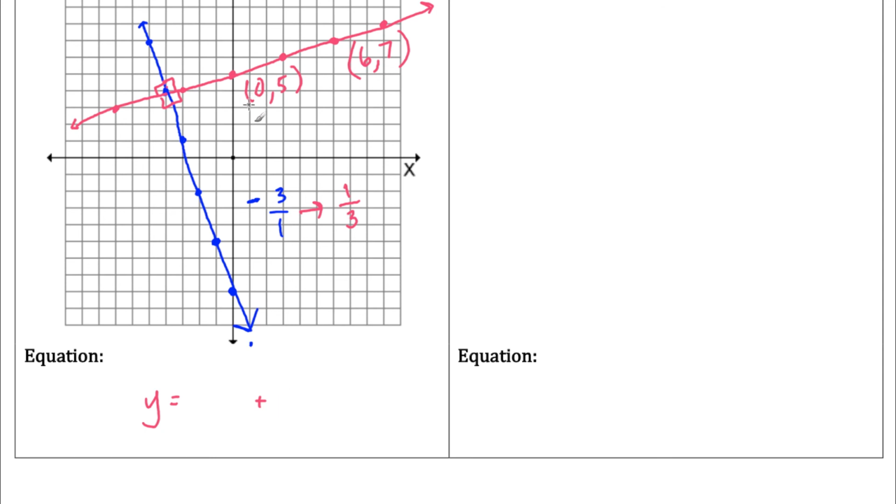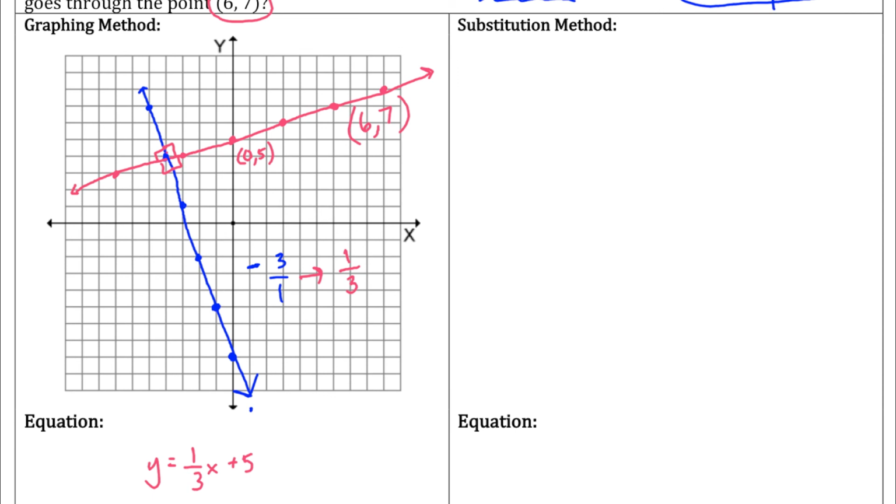I think I just need to rewrite that 0, 5. It looks too far over here. All right, so y equals something plus 5. Remember that this was negative 3 over 1, but I need to go up 1 over 3. Cool.